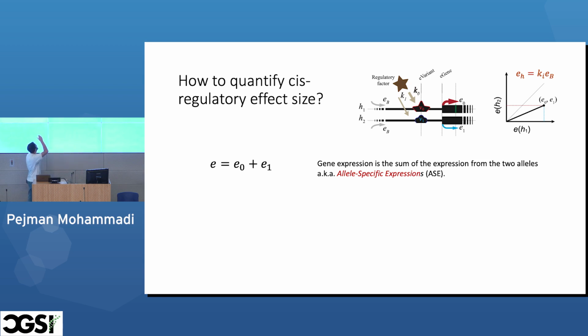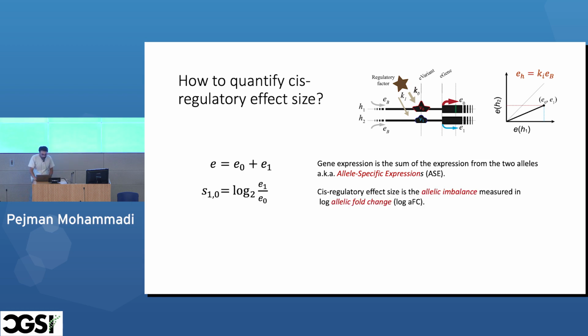And then the total expression that you're producing is going to be the sum of these two allelic expressions, or allele-specific expressions. Okay, so allele-specific expression is just the amount of expression that is coming from one of your alleles.